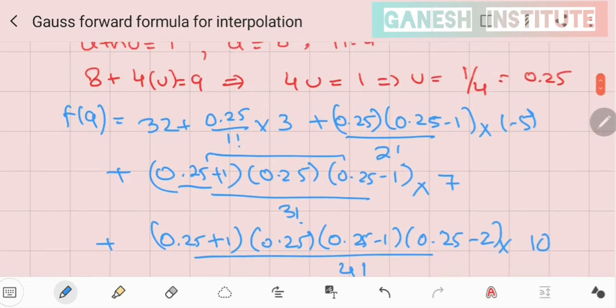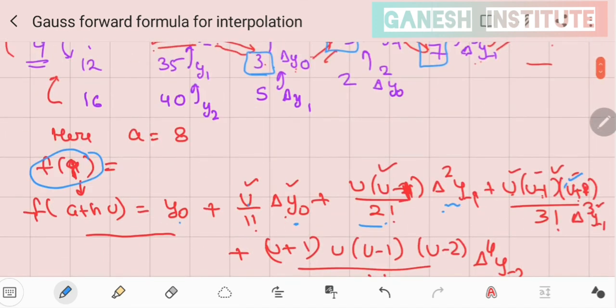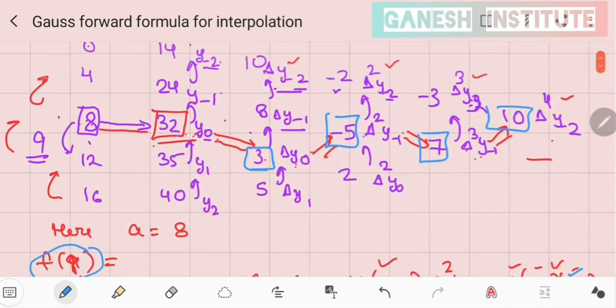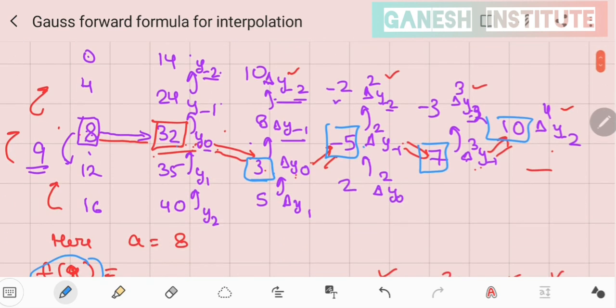So this is how you can calculate. Now you can of course use your calculator. So this is how we do the Gauss forward formula. It is a bit similar. Firstly, you need to find out the values of the operators, okay, then make a zigzag motion from the central value and just go. You need to know the motion.